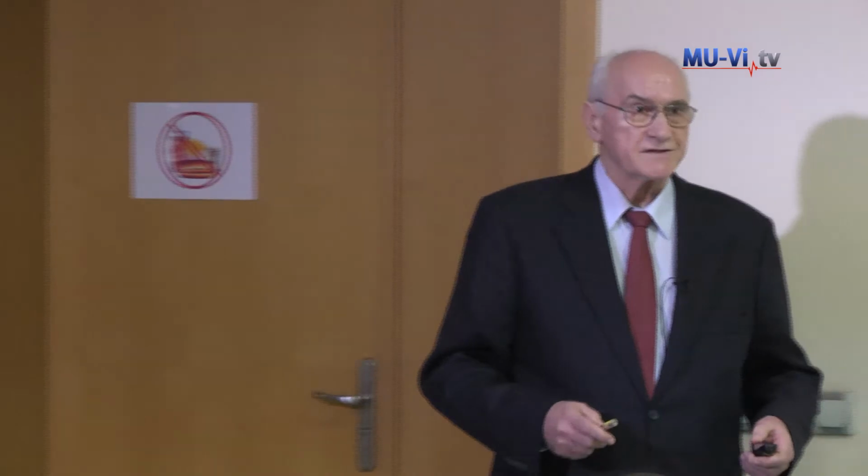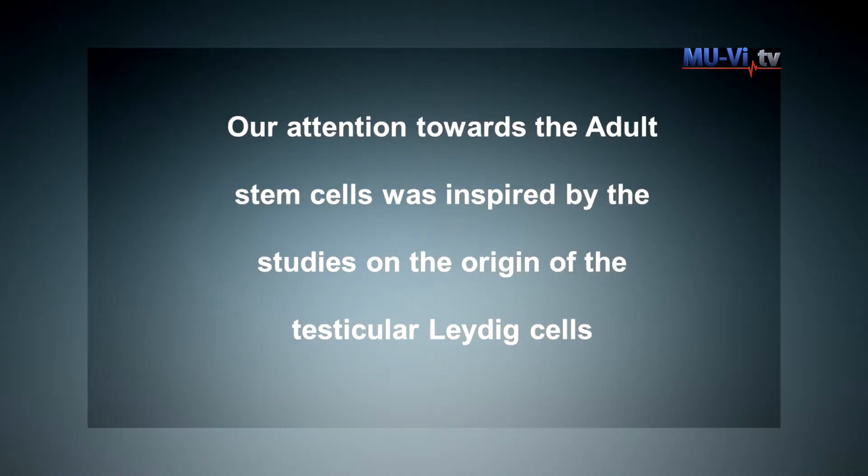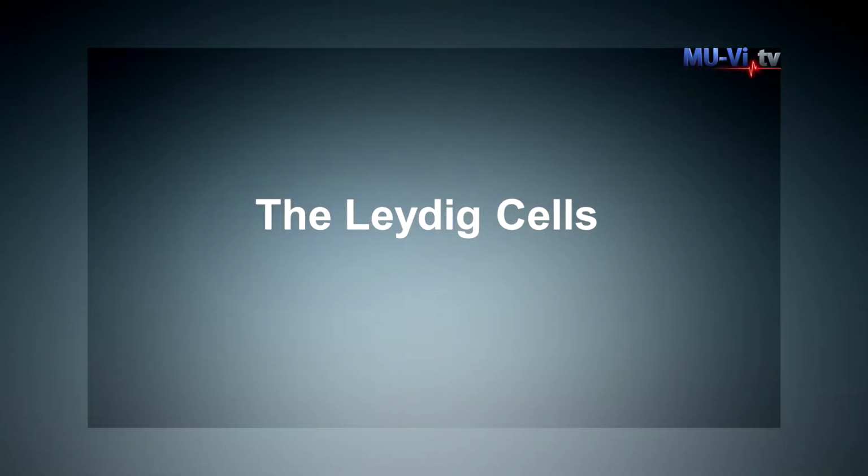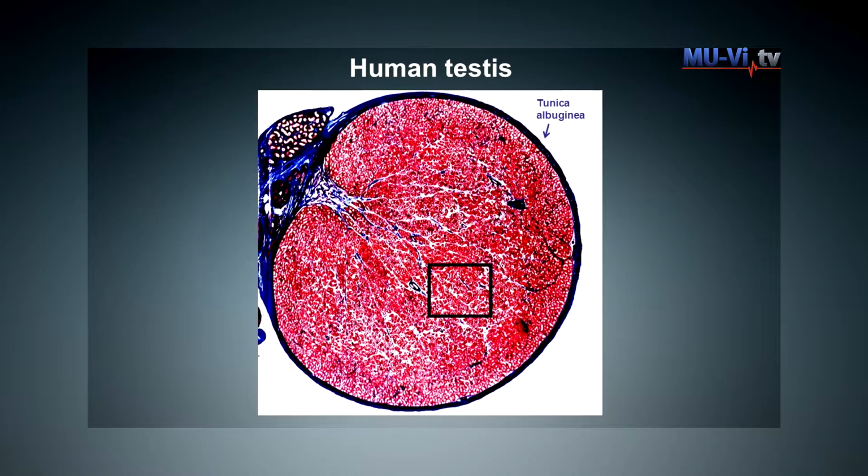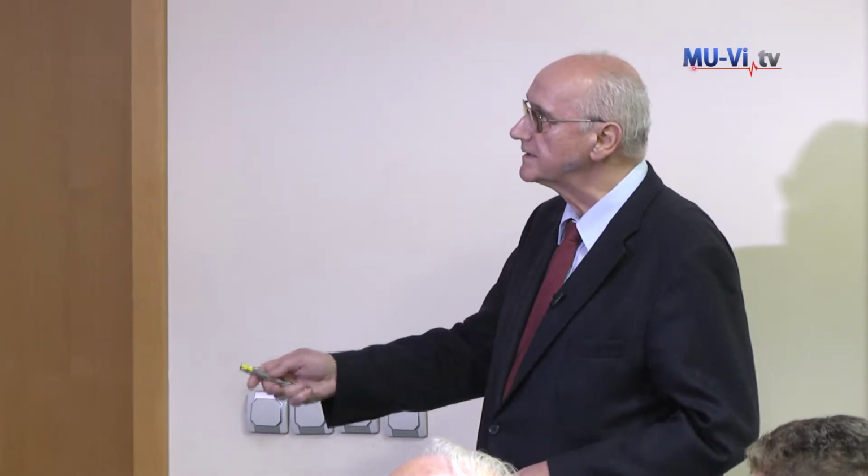Our attention toward the adult stem cells was inspired by the studies on the origin of the testicular Leydig cells. Some words concerning the Leydig cells. The Leydig cells are situated in the testicular parenchyma, and you can see here, this is the tunica albuginea, a very thick covering from connective tissue.